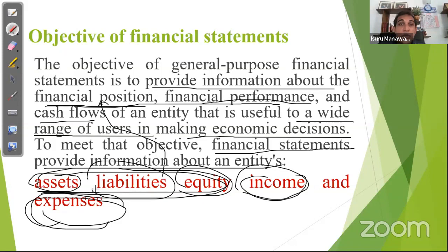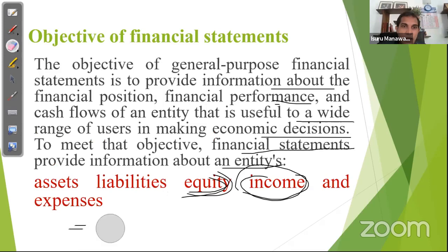It should be shown in the profit and loss and other comprehensive income. That's how those elements are linked with the components of financial statements. You should understand the linkages. Those are not separate topics. That is important to understand.